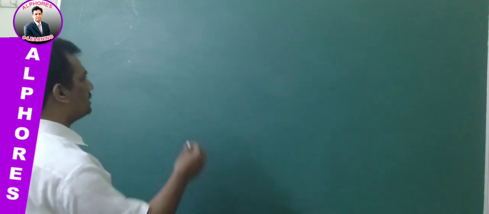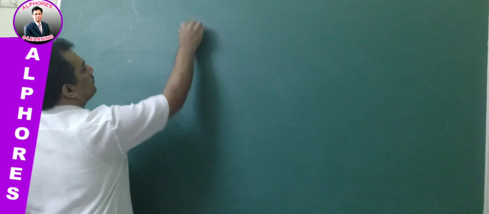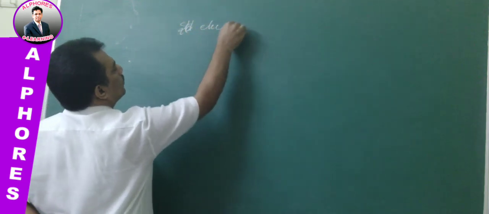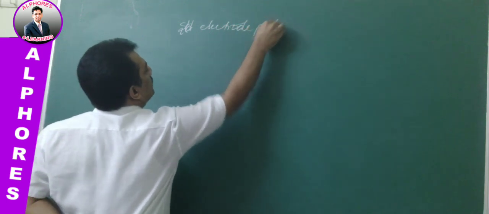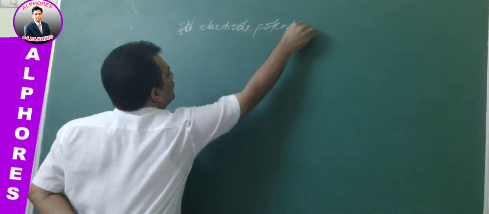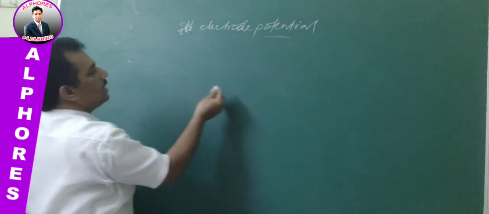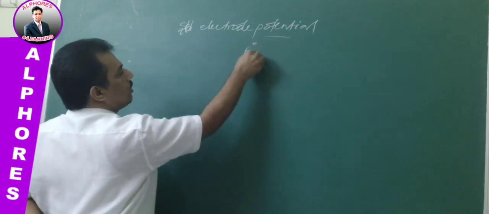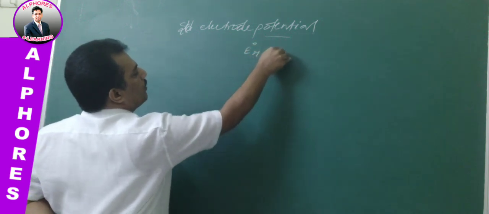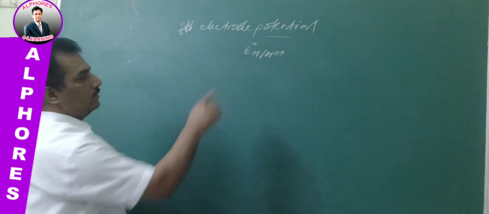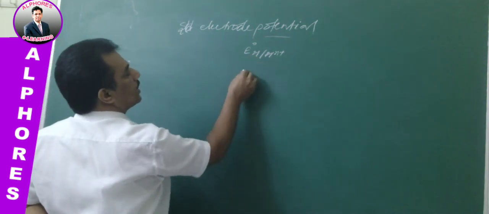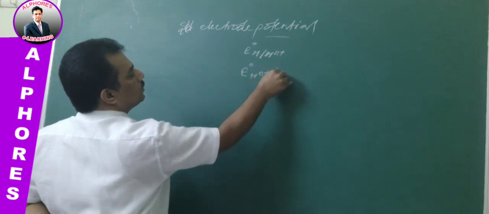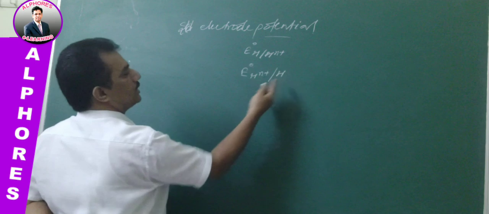Clear? First let us define the standard electrode potential. In the case of metals, it may be represented as E naught M to M n plus, which is oxidation, or we can represent E naught M n plus to M, which is reduction.